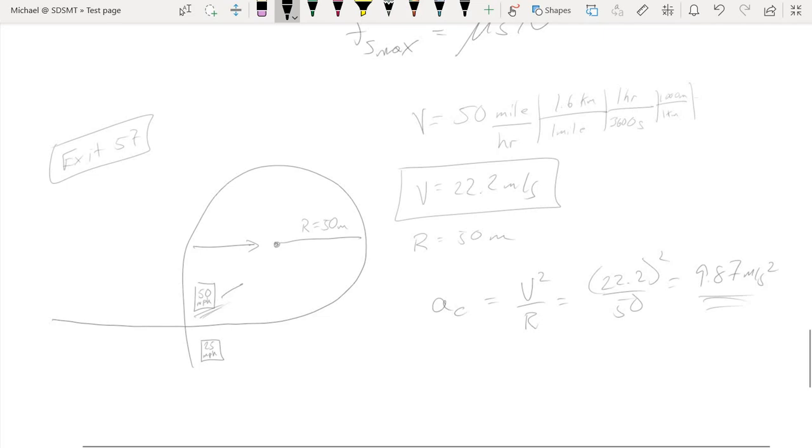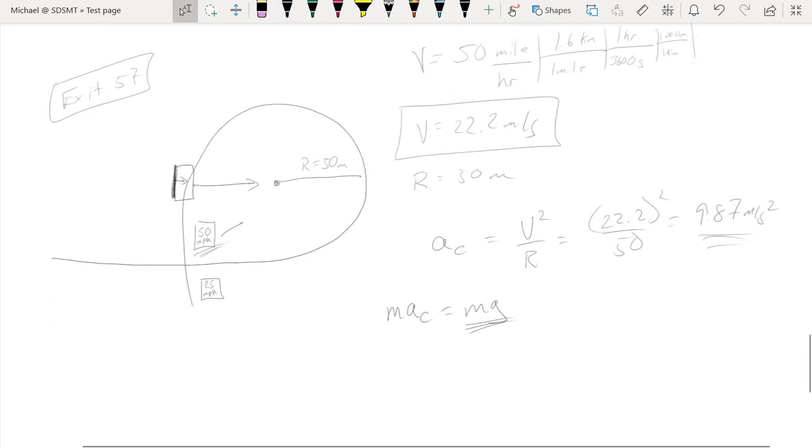And the only way for you as an occupant of the car to travel around that circle is to have basically the car, the seat belt, the side door to constantly push on you with the equivalent of your weight. So not only would you feel your weight pressing down on your seat, but you would feel your weight pressing against the side of the car door.